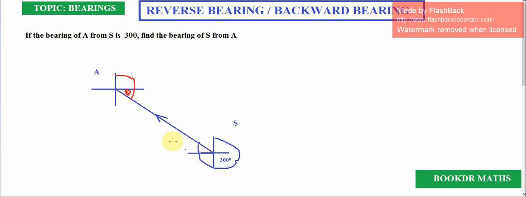And the value of this angle is the same thing as the angle here. They are alternating. So if here is theta, this position will also be theta, alternating. Look at the Z. So if we know the theta, then we can add it to the 90 to get a complete turn.